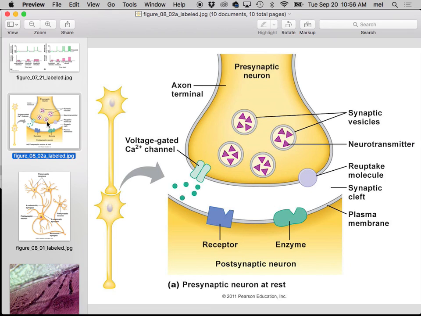So this is a little preview of things to come. Hopefully you remember a little bit about synapses from anatomy. It's the site of communication between a neuron and another neuron, or between a neuron and a muscle or a gland cell. Okay, so we're going to start the story just like we started it before. We're going to dump a whole bunch of chemical on the chemical gated channels on the cell body. And if you hit threshold, you are going to start an action potential which will go all the way to the end.